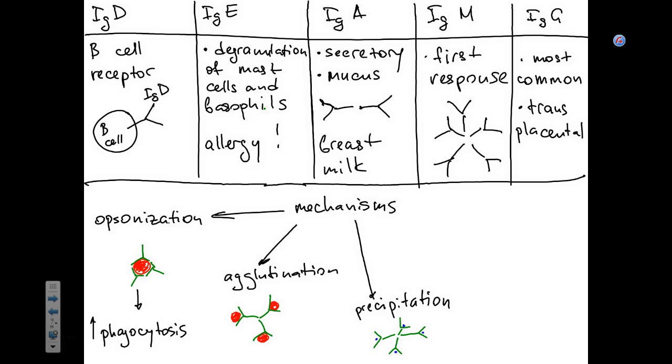Now another mechanism is neutralization. This mechanism works practically exclusively for viruses. Well, let's put it this way: it works best for intracellular parasites. And here's the example why. You have a virus, and antibodies stick to it.